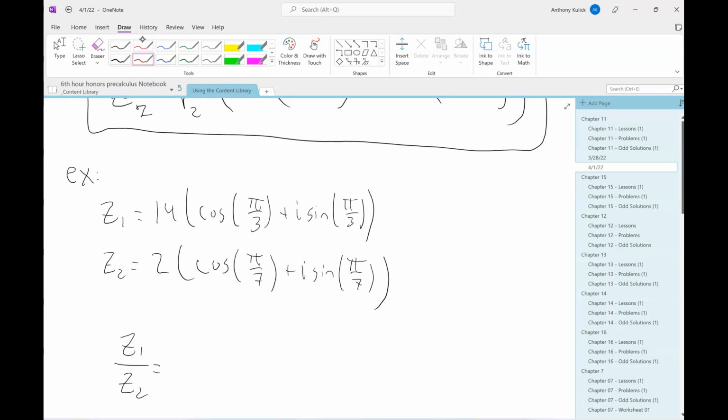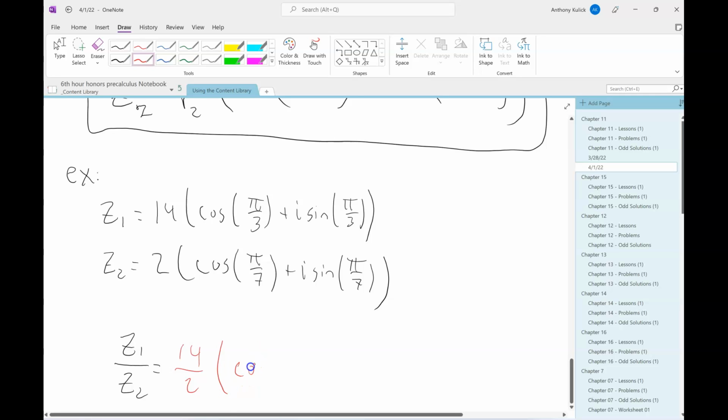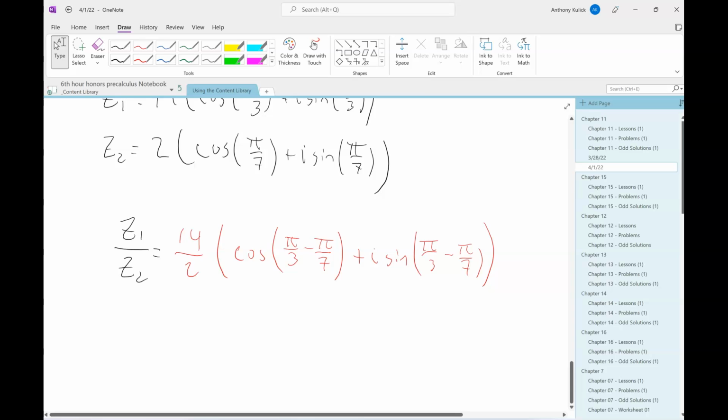What am I going to write here? Same thing. Yeah, very good. Now, what's the only kind of hassle here? I have these fractions, so to subtract these two fractions, what do I need? Common denominator. What would the common denominator be? 21.